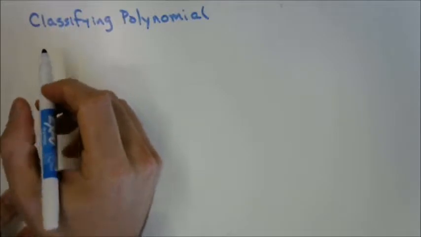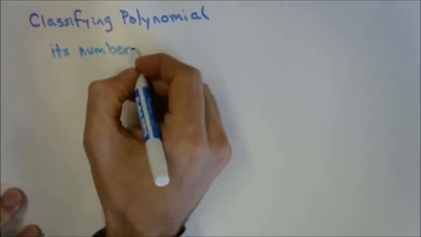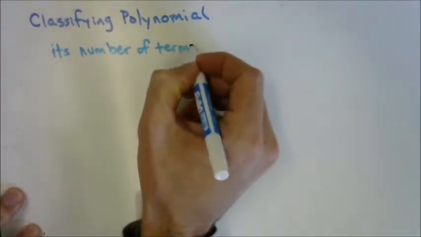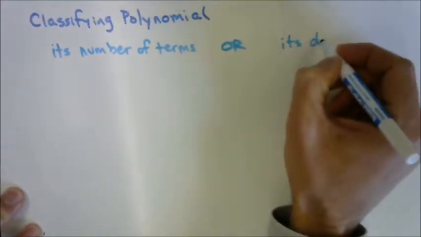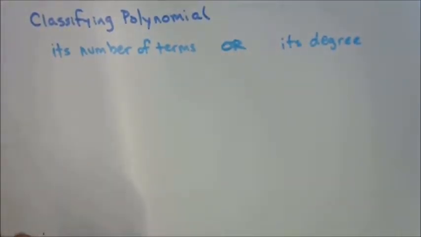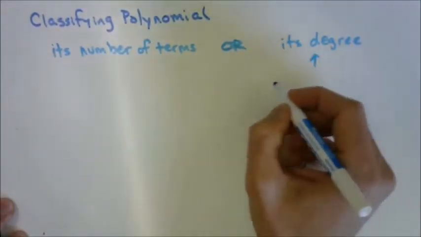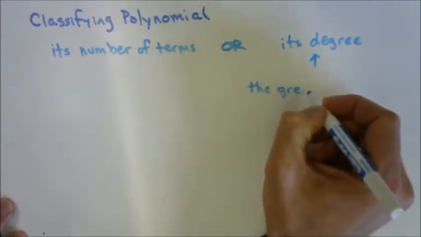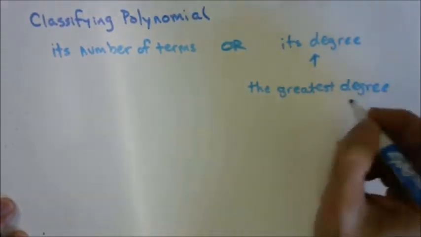You can classify a polynomial by its number of terms, or its degree. And we'll explain what that means as we go. Now, the degree of a polynomial is the greatest degree of any of its terms.